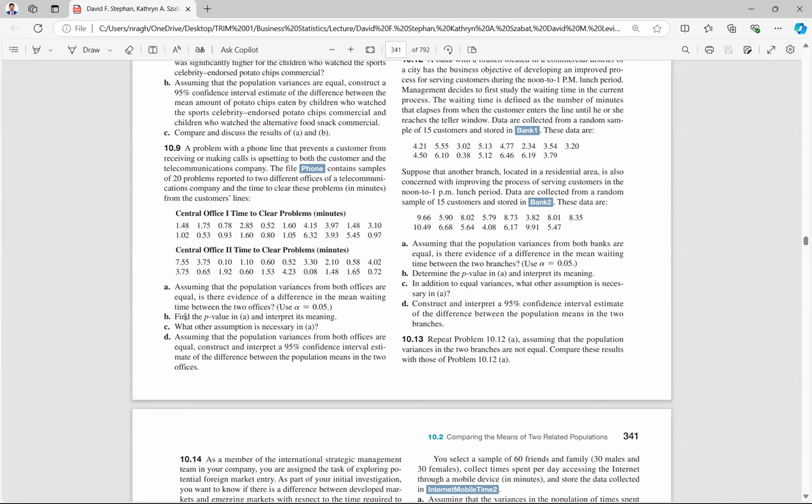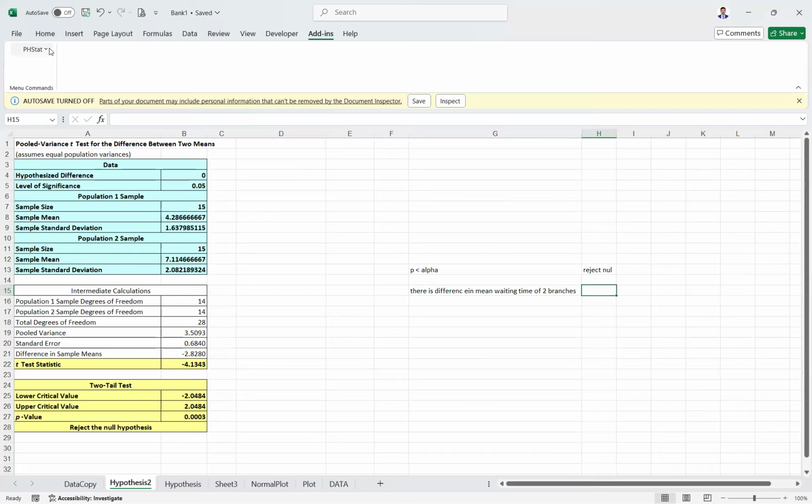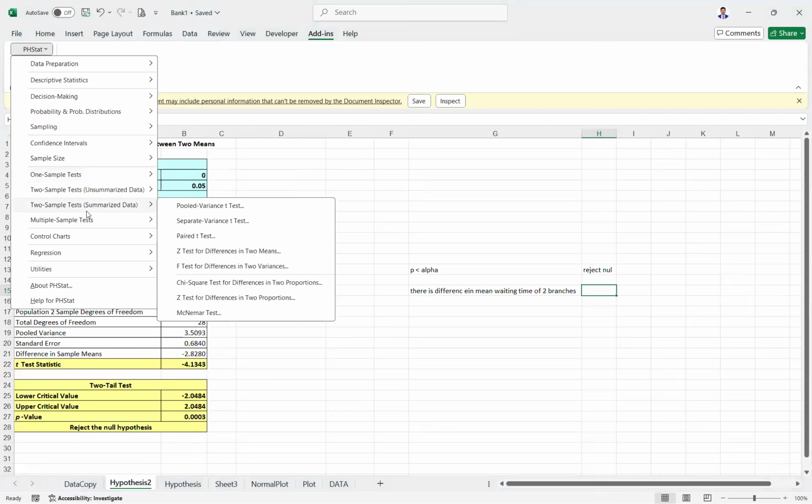ANOVA is very simple. See, now we are doing it in PHStat. We showed one sample means one column, two sample means two columns. How will you do more than two? There can be more than two columns, so how will you do the t-test? That is ANOVA.